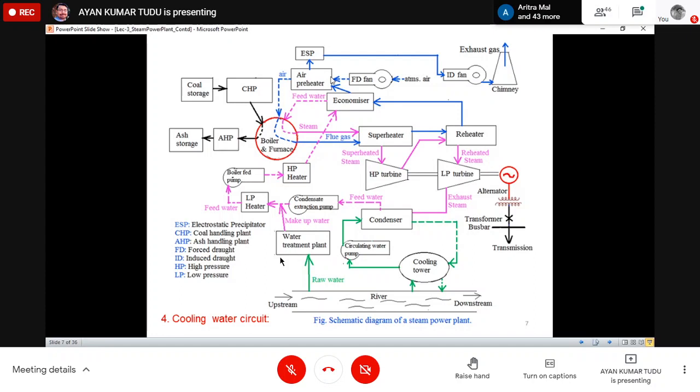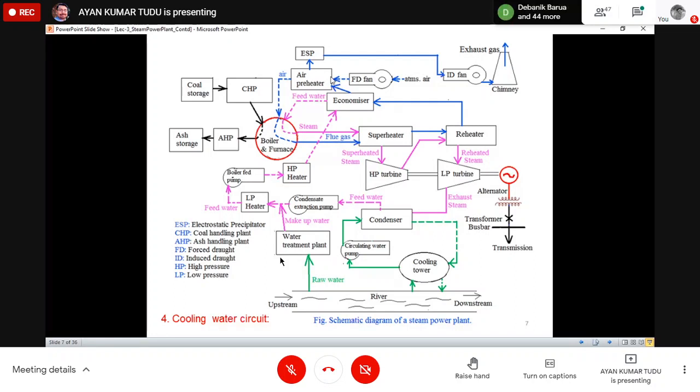And that is the function of the ESP actually. But there is a catch also. What is the catch? Running an ESP requires a huge amount of electricity. That is also one of the disadvantages.